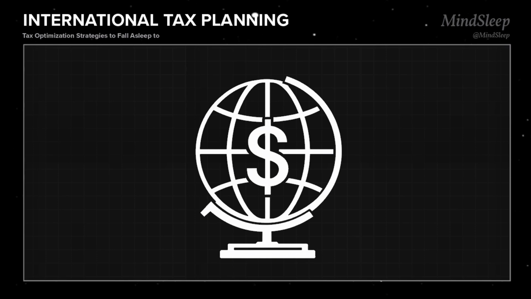Let's begin our exploration with the cornerstone of international taxation, the foreign tax credit. This mechanism, designed to prevent double taxation, allows taxpayers to claim a credit for taxes paid to foreign governments. Imagine, if you will, a global chess game where each move represents a financial transaction, and each square on the board a different tax jurisdiction.